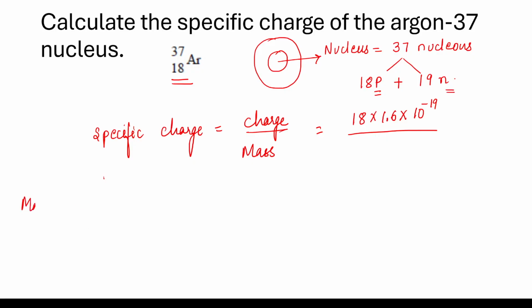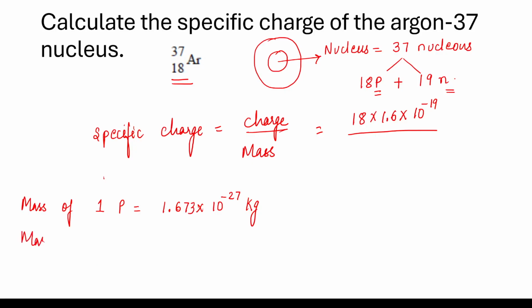So the mass of one proton is 1.67 times 10 to the power minus 27 kg. Actually, to be more precise, up to 3 significant figures, it is this.